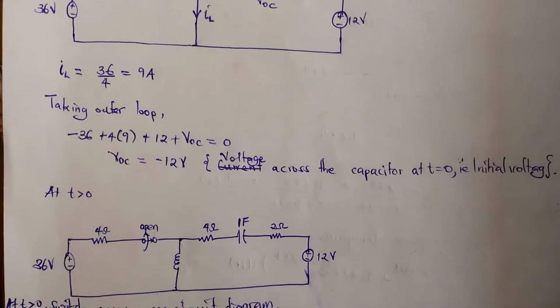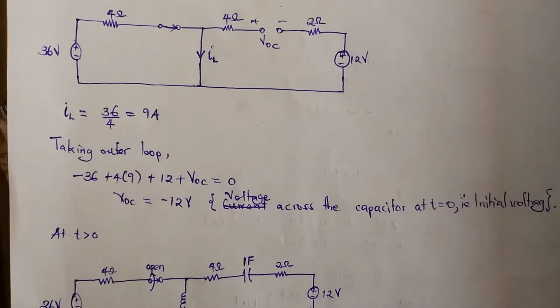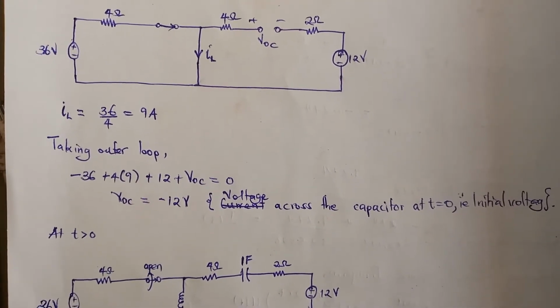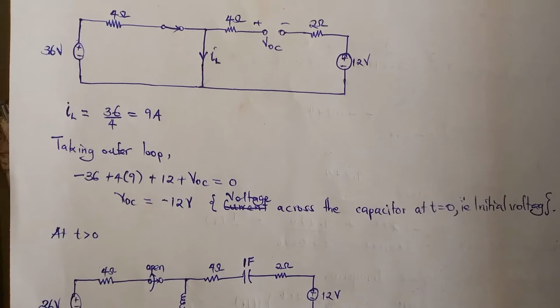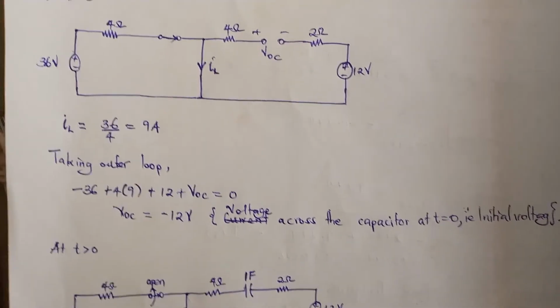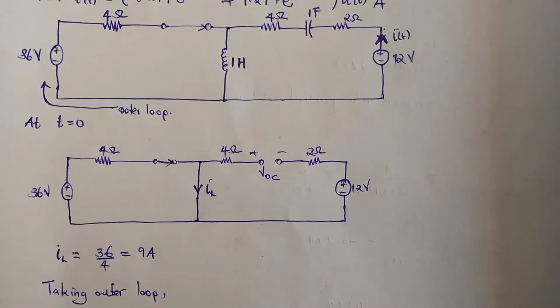Now, when we take the outer loop of the circuit, we have an open circuit voltage across the capacitor position. The loop is taken in the clockwise direction.